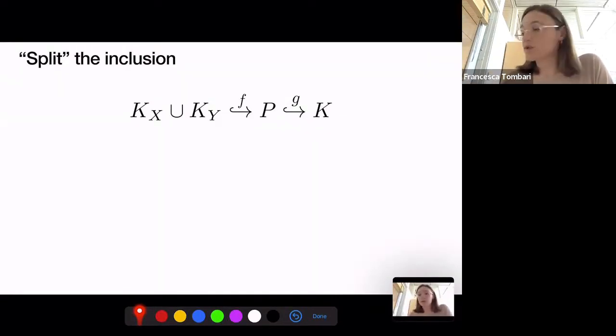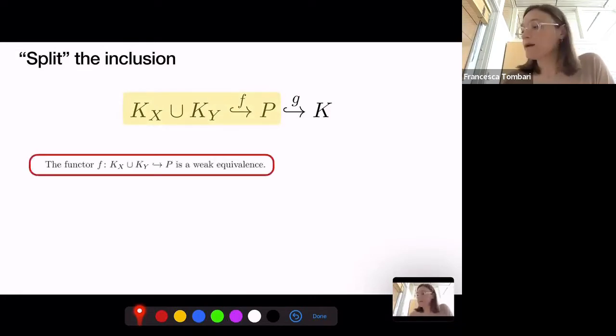The reason for doing so is that the first one, F, turns out to be always a weak equivalence. And this is proven by looking at its categorical fibers that we've seen before. And its categorical fibers turn out to be all contractible, leading to a weak equivalence here.